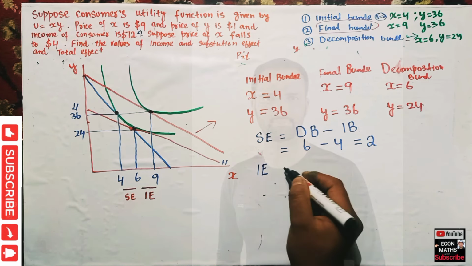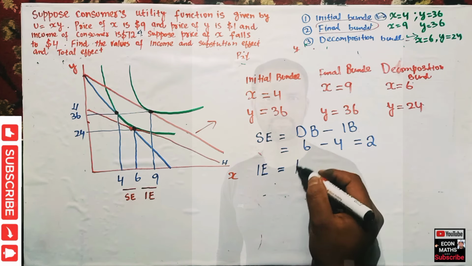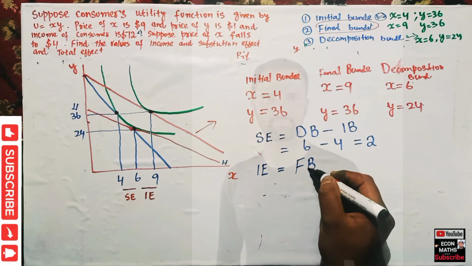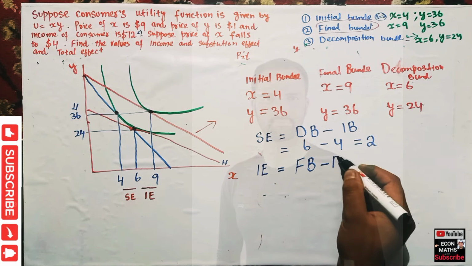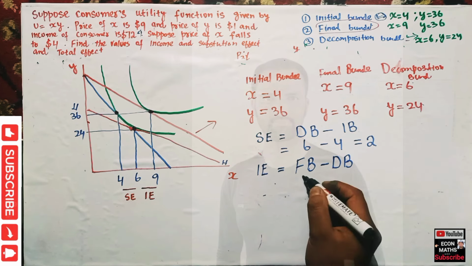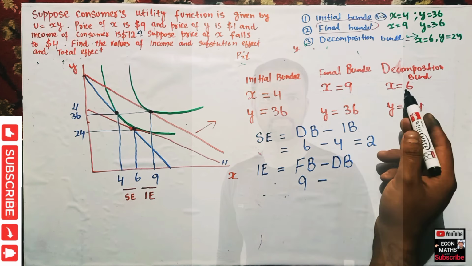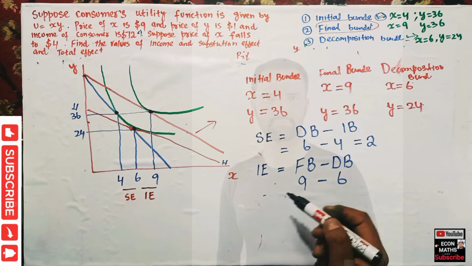So what is our income effect? The income effect is equal to the final bundle minus the decomposition bundle. Our final bundle was 9, minus the decomposition bundle, which was 6. What does this tell us?